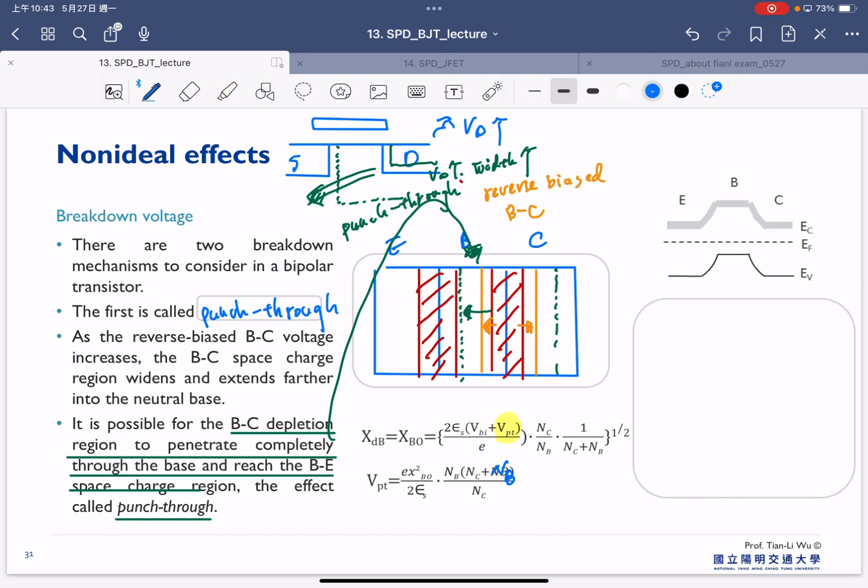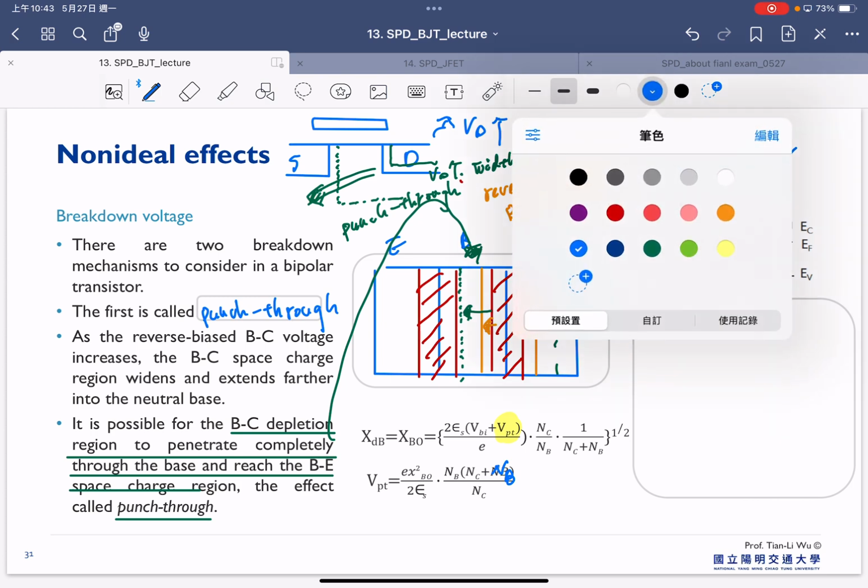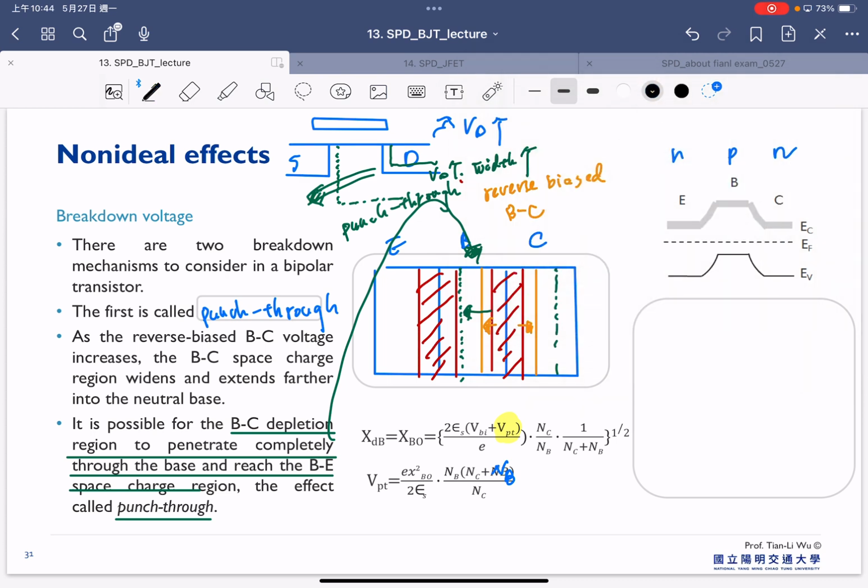And also similarly, these things can be also understood by using the Venn diagram. So this is a Venn diagram of N, P, N here. And right now, if we increase the reverse BC bias here, so we have the EF here.